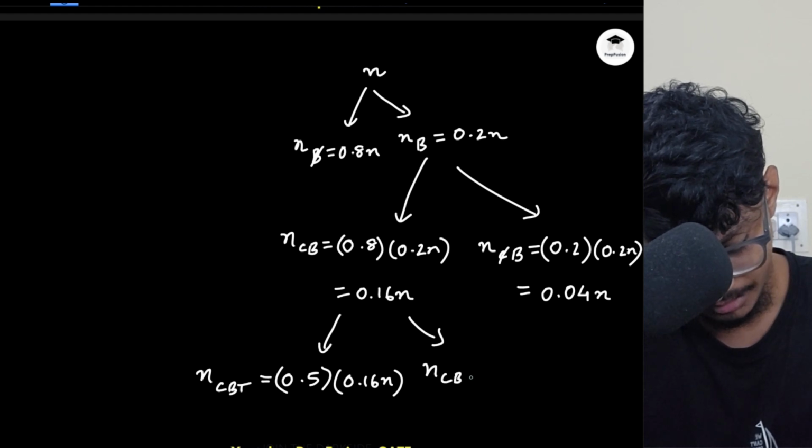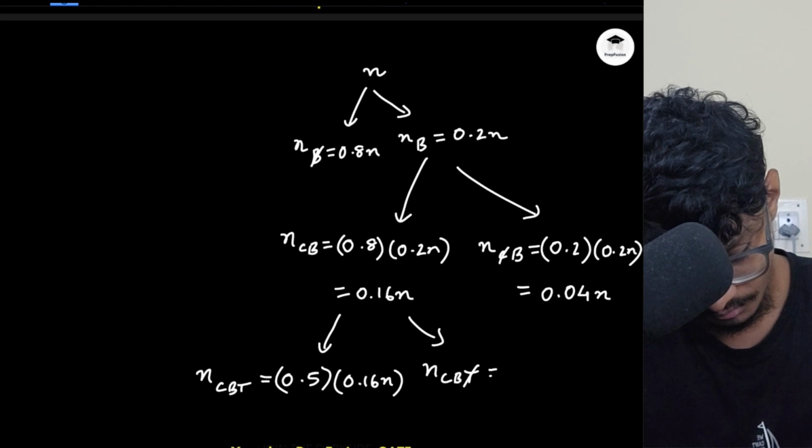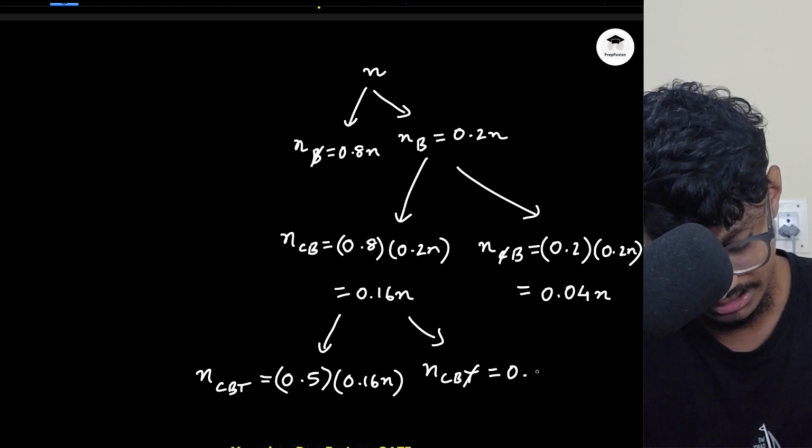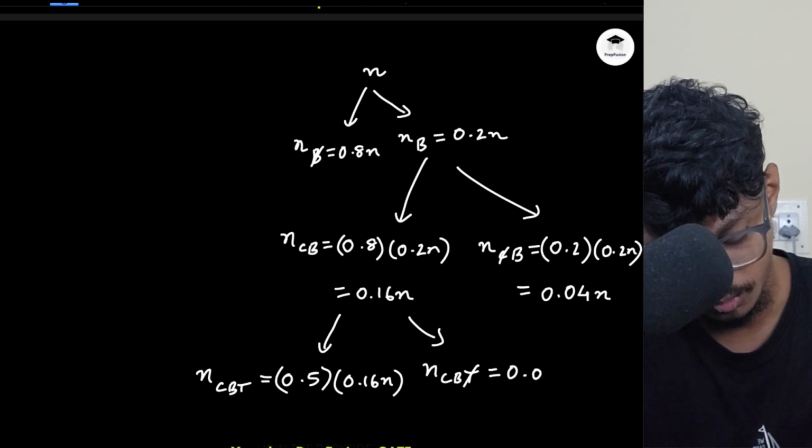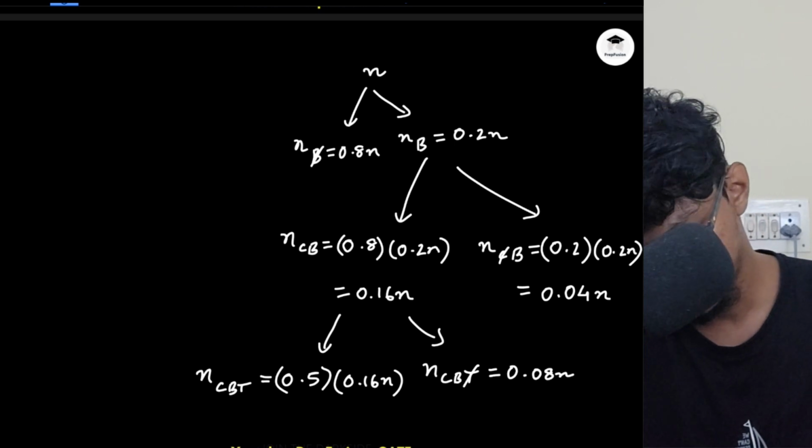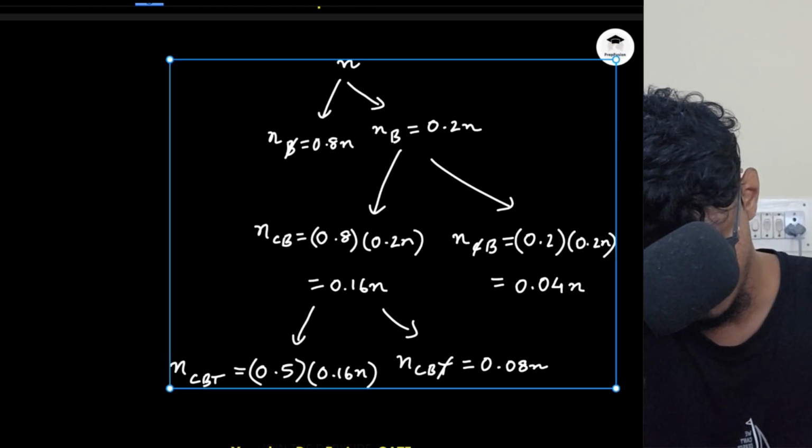And conditional branch not taken will be 0.5 into 0.16n, which is 0.08n. Okay, so this is the basic tree diagram. I hope you have understood this.